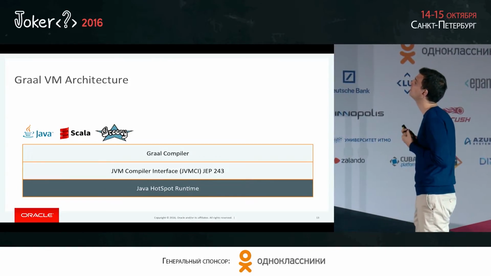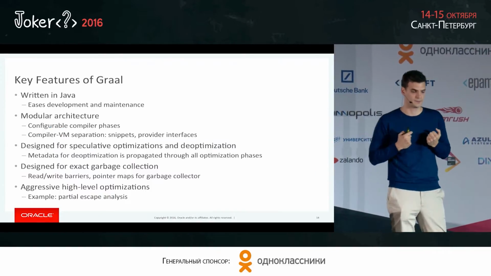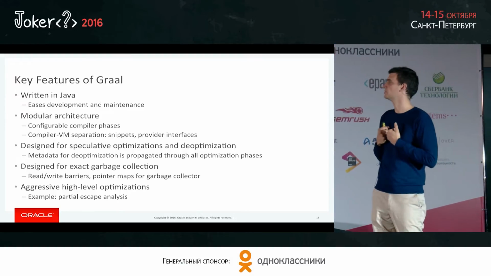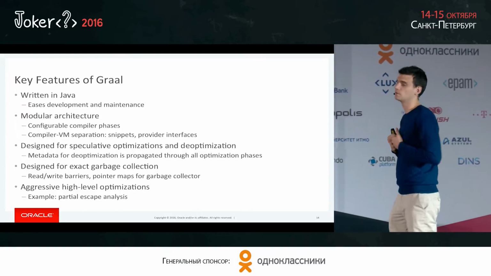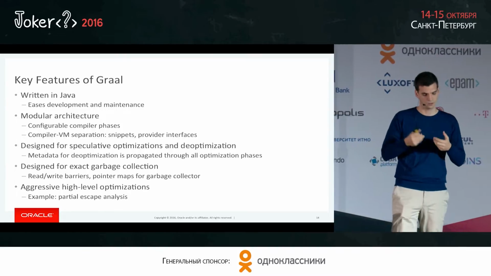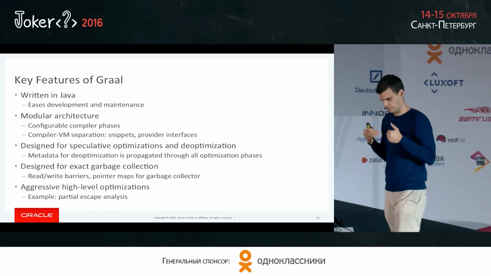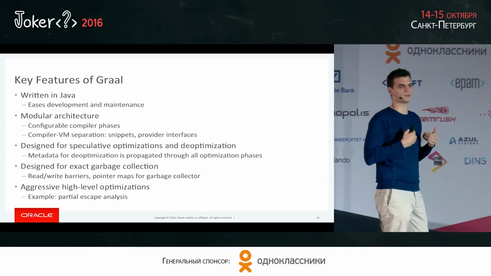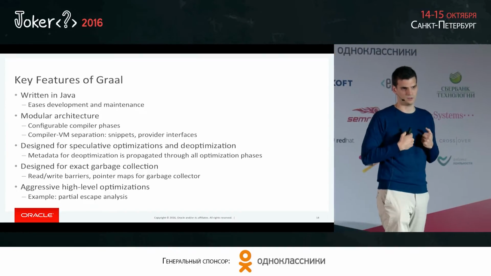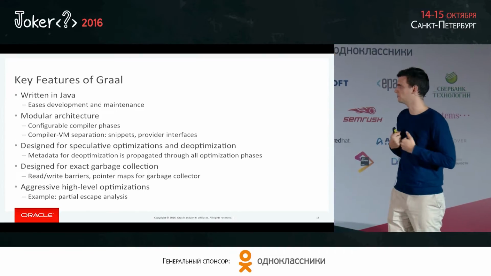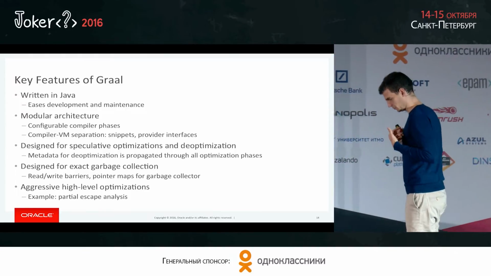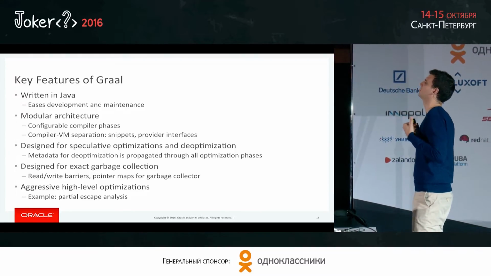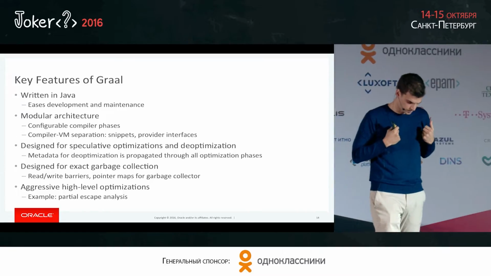But the question is, why build a new compiler, right? Well, Graal has certain properties that HotSpot compilers don't. First of all, it's written in Java itself. So the compiler that optimizes your code is written in Java, but before it optimizes your code, it first optimizes itself because it's written in Java. So it's a self-optimizing compiler, which is a bit funny. What does this give you?